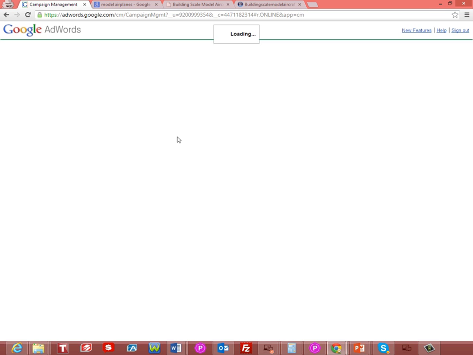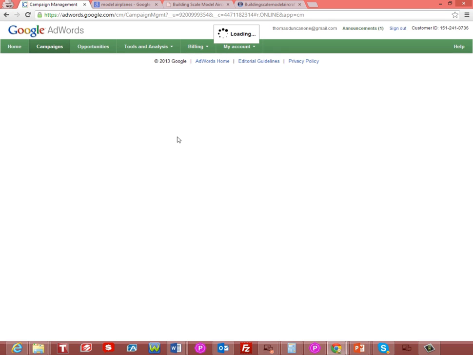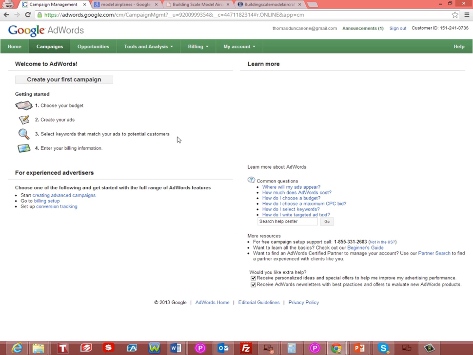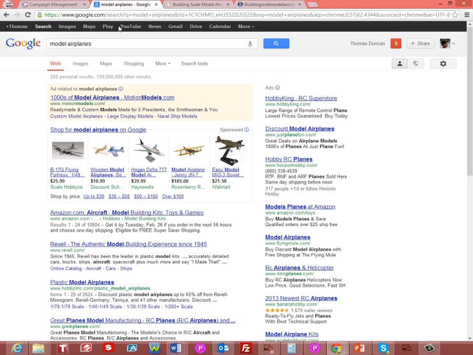And that's pretty much it in order to get started. Now, obviously, you're going to have to put in billing information and other factors on how you're going to actually pay for the ads. But the most important part in understanding what AdWords can do for you is getting a sense for what it's really designed to do.